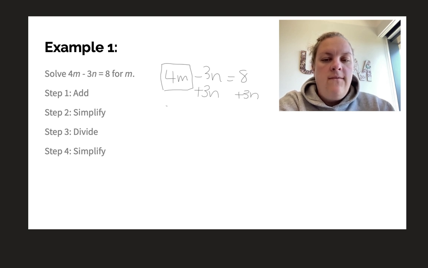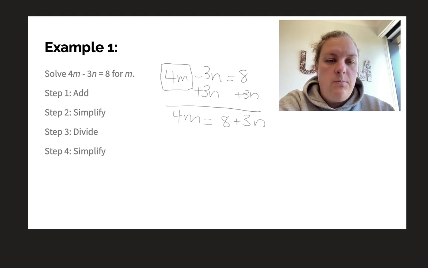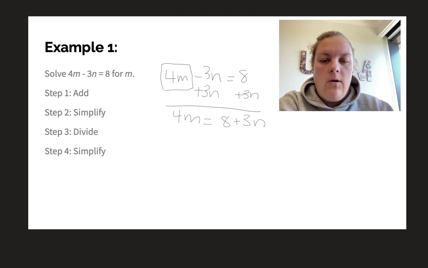This is going to give us 4m equals 8 plus 3n. So that's what it looks like when you simplify it. There are no like terms we can combine on either side here, so we are going to continue on. Remember, our goal is to get this m by itself.